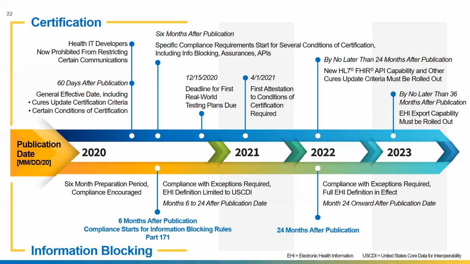And then finally, at the 36-month mark from the publication date, there's the requirement that if your certified health IT module stores EHI, that you would be certified and you have rolled out the B10 EHI export certification capability. So that is a very high-level snapshot of what I think are probably the major milestones related to certification and conditions of certification over the next 3 or so years.